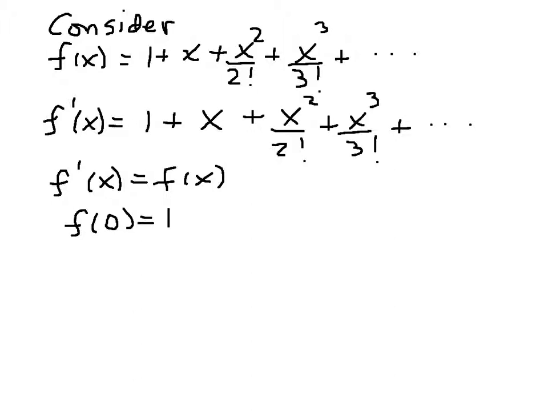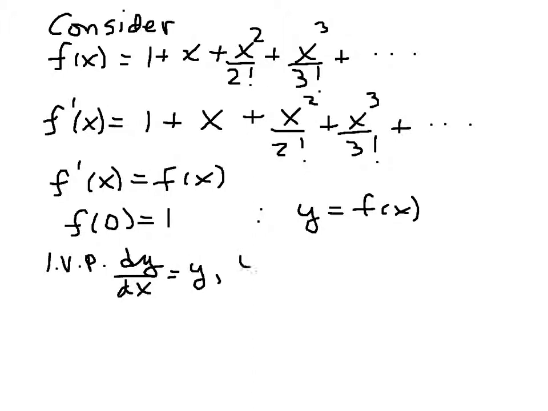So if we let y equal f of x, what we have is an IVP, in which dy dx is equal to y, and y of 0 is equal to 1. Now we have learned how to solve these IVPs: separate, 1 over y dy is equal to dx.